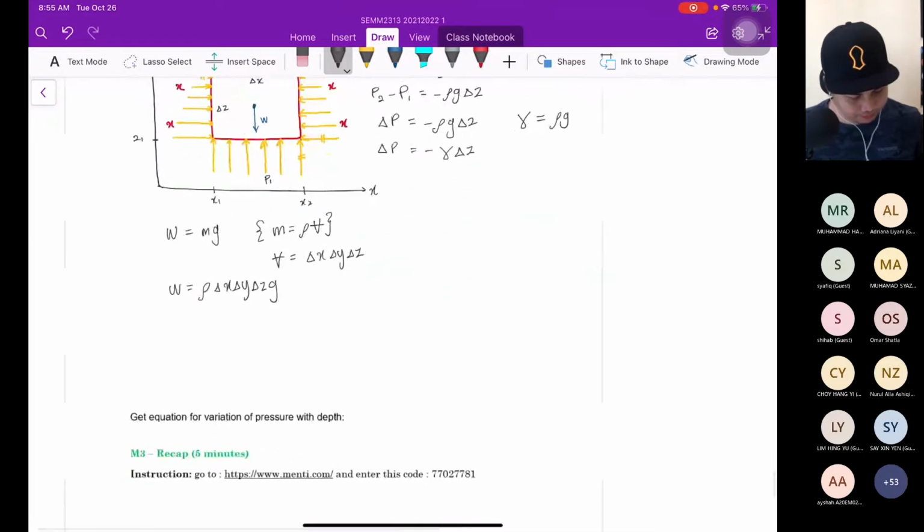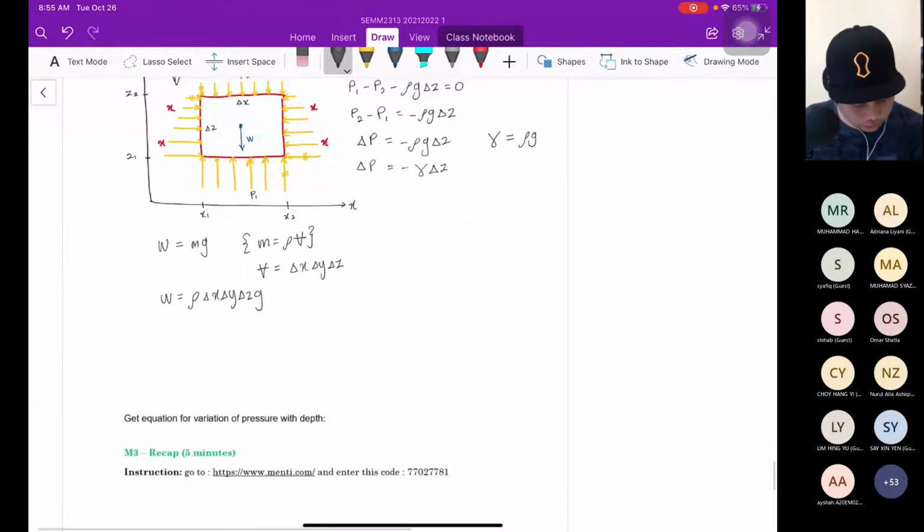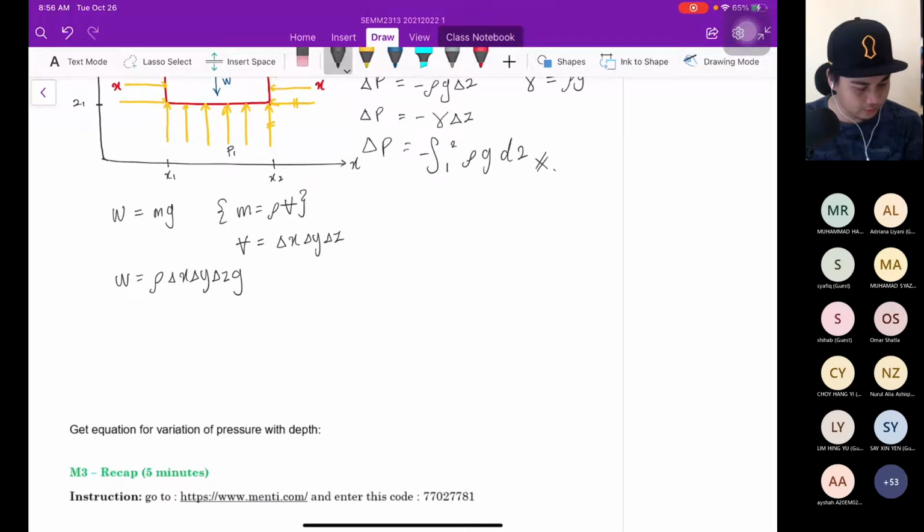So we can also finally write this equation: delta P is equal to the integration of negative rho G dz. So a negative sign here.